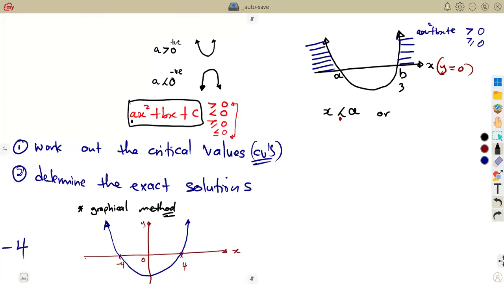Those values are bigger than the value at this point. Remember, those are X values. So the X values we are talking about will be increased. They will be more than this value that is at this point B.